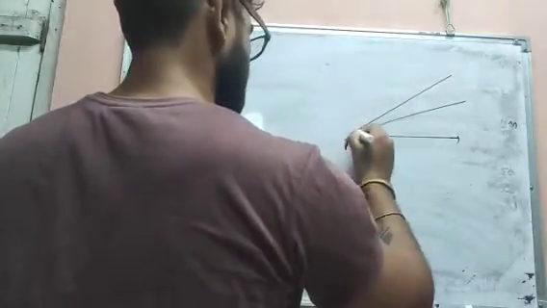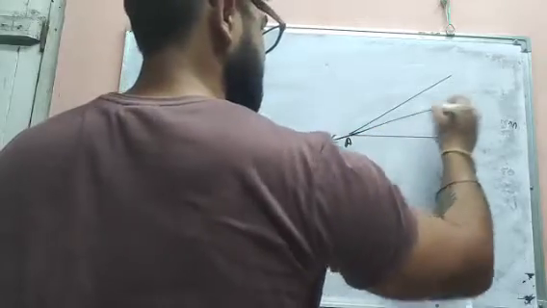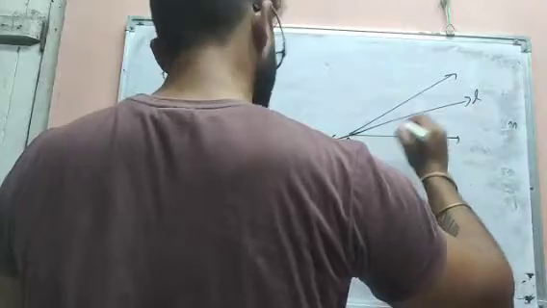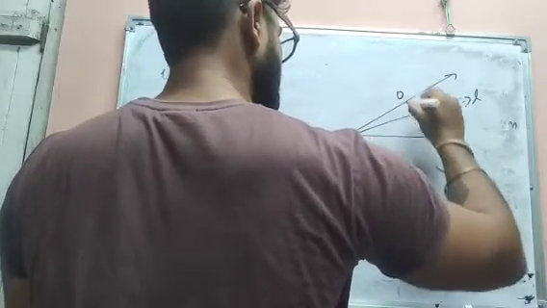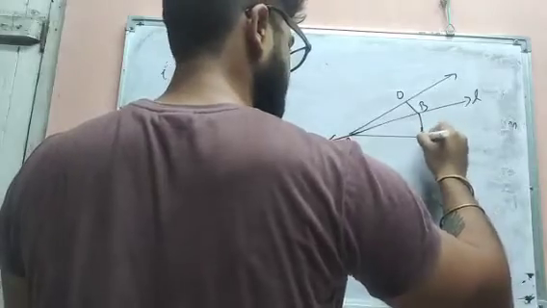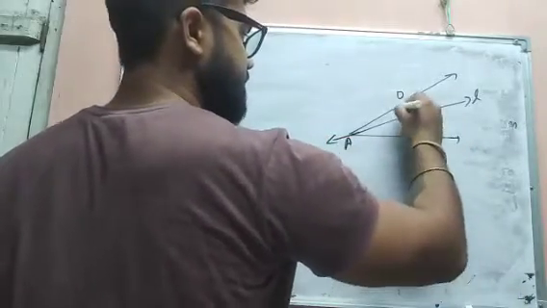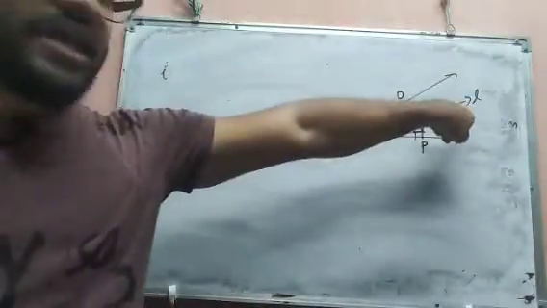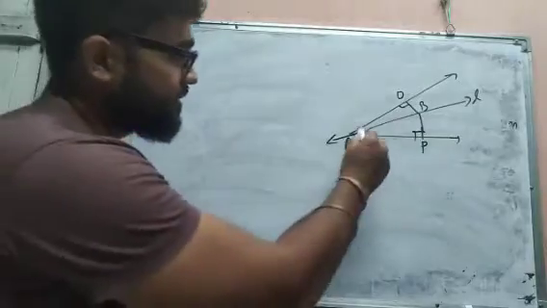Here it is given A. This is L, and this is O, B, and this is P. These two are perpendicular. L is the bisector of this angle A.